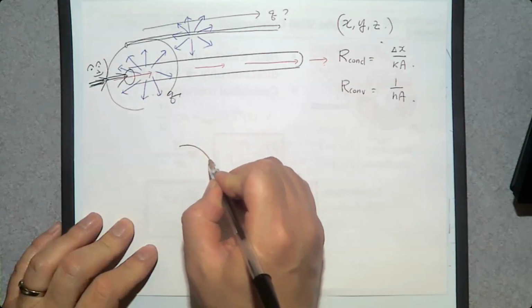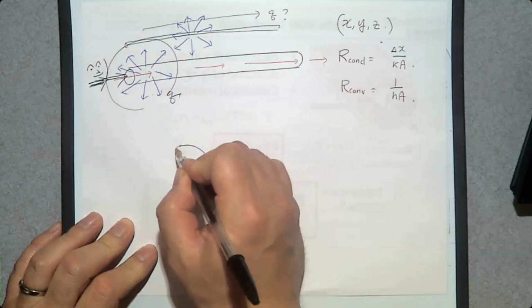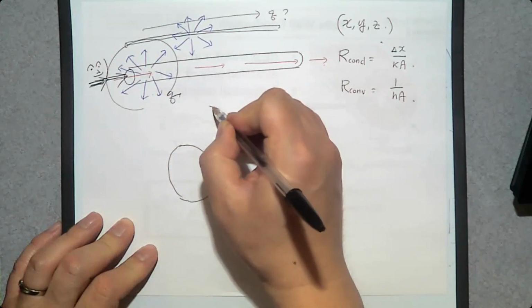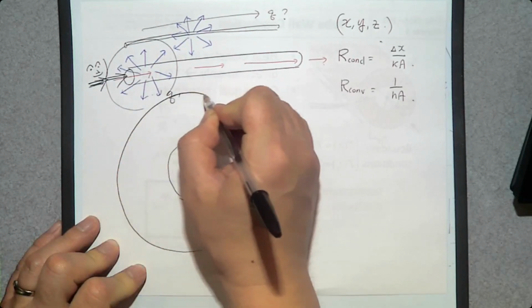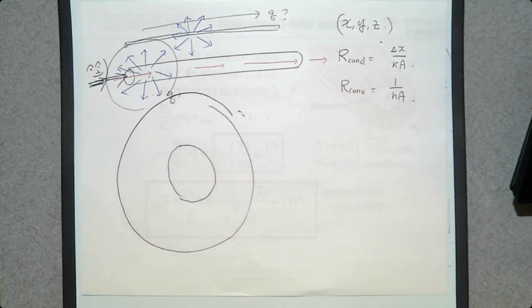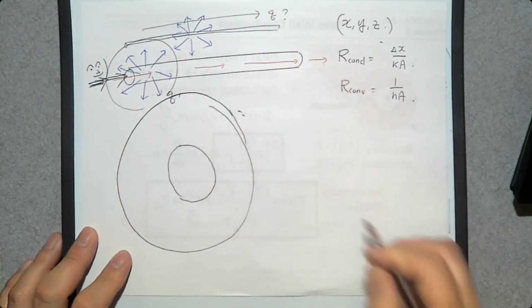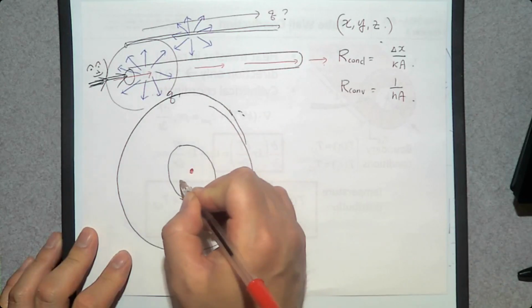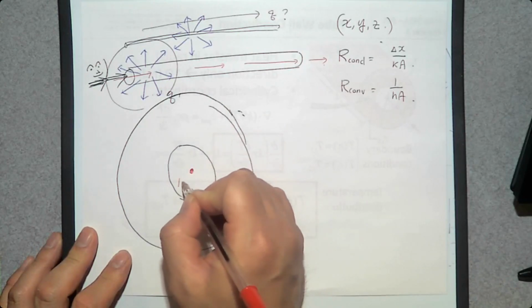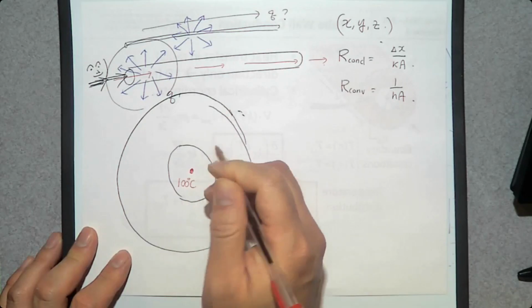So we have this water pipe, and there's hot water inside. Let's say the water temperature is near the boiling temperature, 100 degrees Celsius.